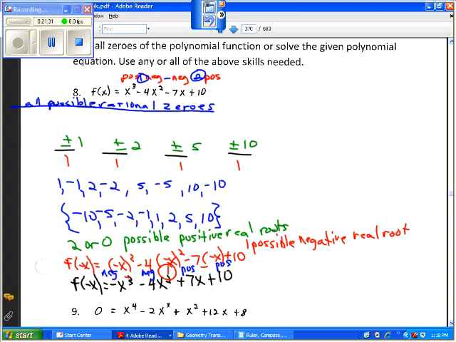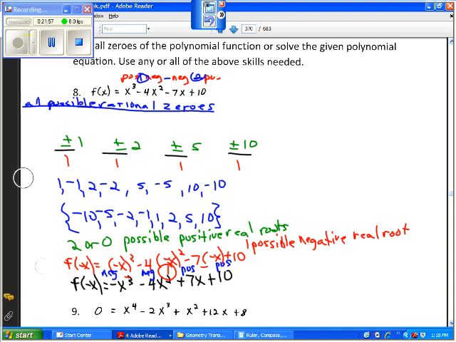So there are 2 possible positive real roots or 1 possible negative real root. So we've got twice the odds of choosing a positive than a negative, so we'll start with positives. So we're going to begin our synthetic division with positives.